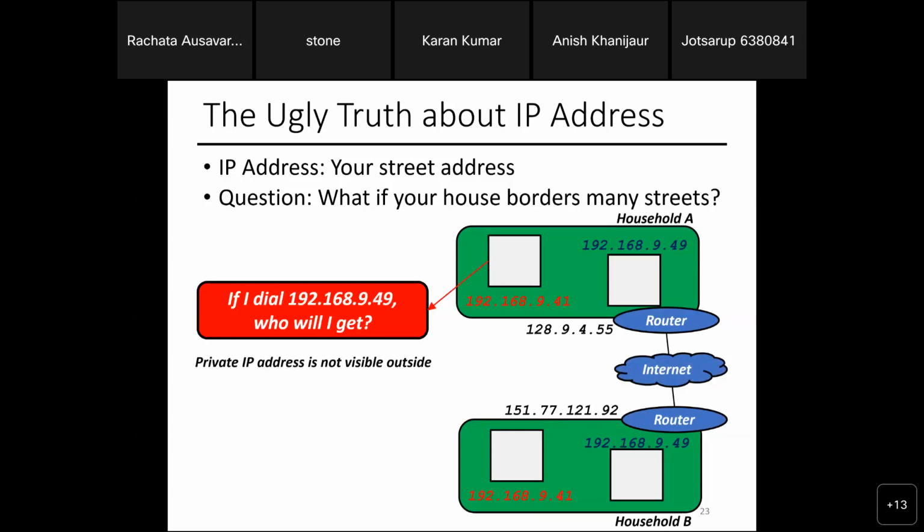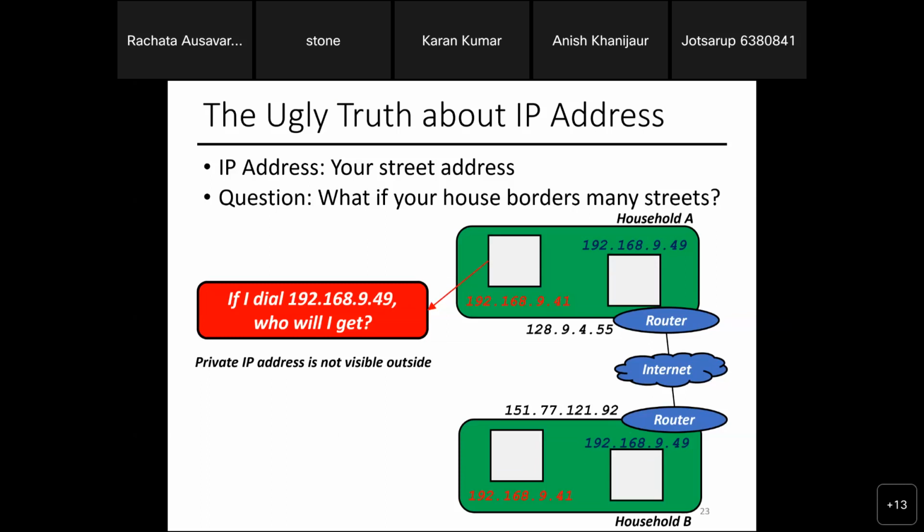This is a private IP address that's not visible outside. So internally you see .49 in that household, but you will not see the .49 in household B. Even though it's the same IP, you are in your own network, so you only see that machine because it's a private network.